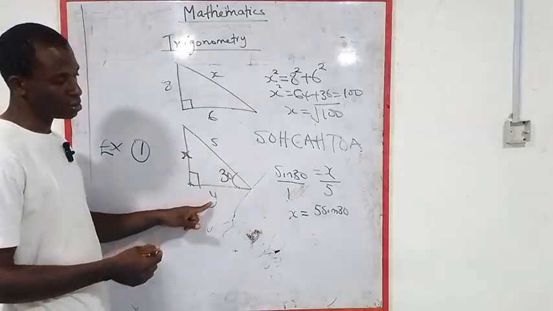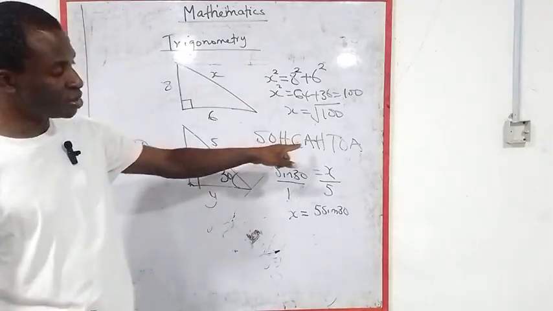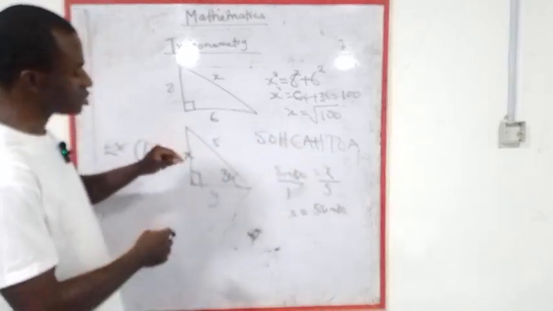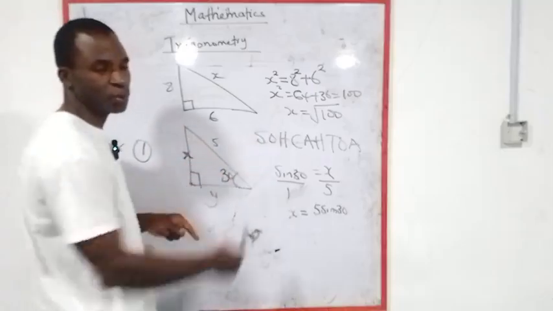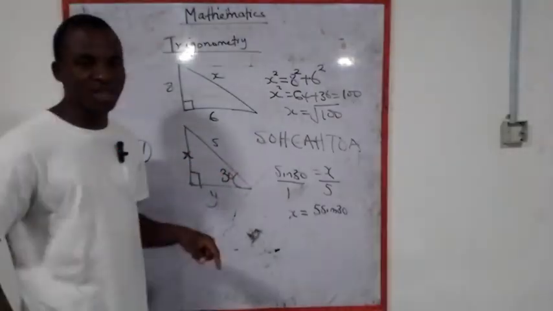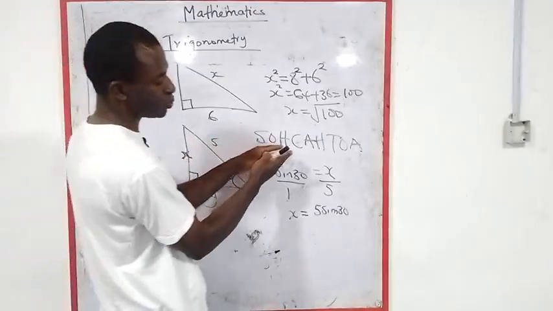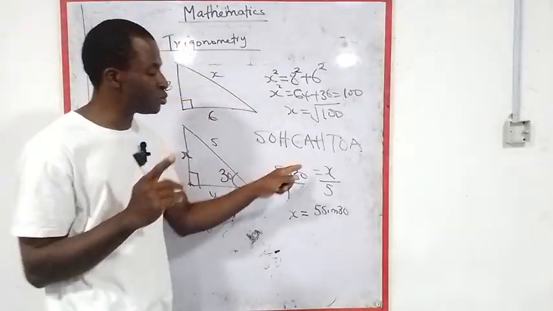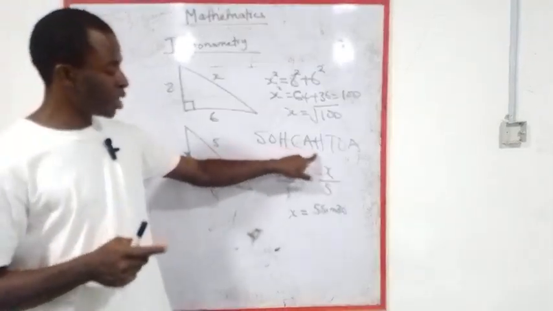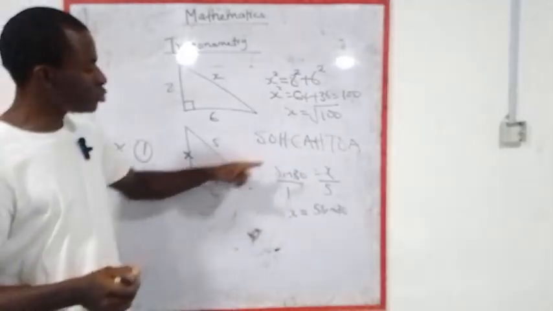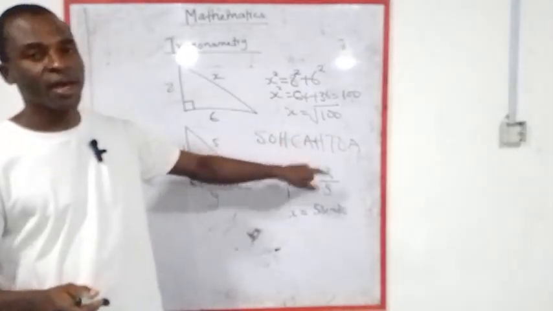Now y. We are dealing with a particular value that is known: we know the hypotenuse, and we are looking for the adjacent. The one most suitable for this purpose is cosine, adjacent over hypotenuse.